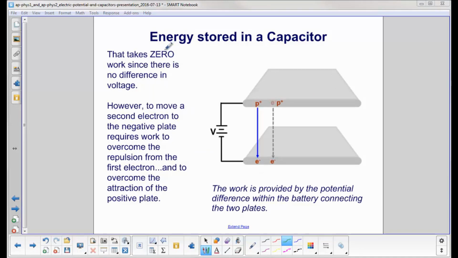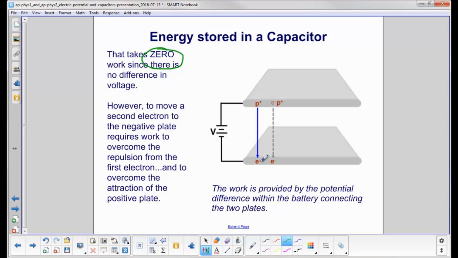Moving the first electron takes 0 work because in the beginning both plates were at the same voltage, they were neutral, and voltage is related to potential energy, which is then related to work. So if you have 0 voltage, 0 energy difference, you need no work to move the electron.